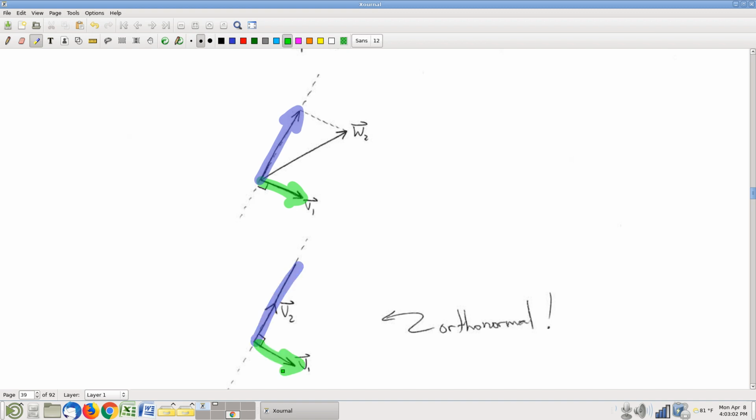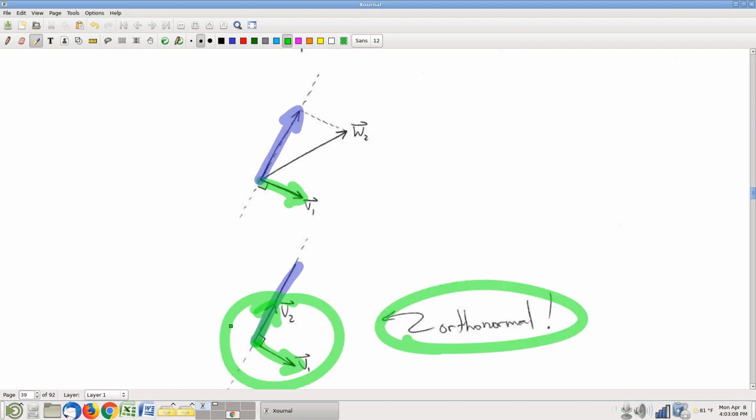I would like to normalize just like I did with V1. So you take that, divide it by its own length, and bam, there is your orthonormal basis. So that's the big idea. It's not deep. It's a very straightforward little process. Strategically, that's what it is.